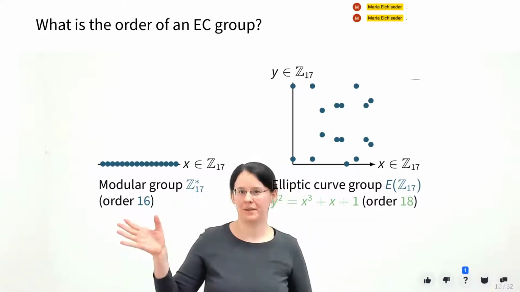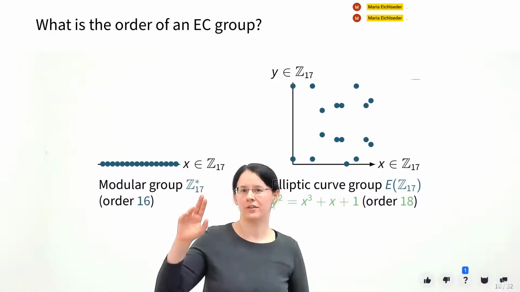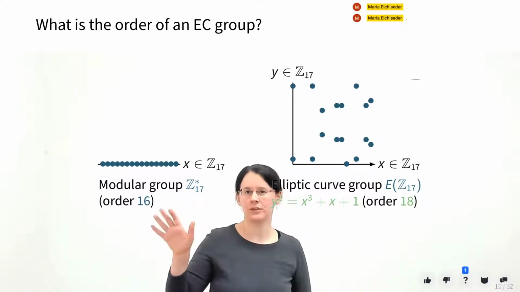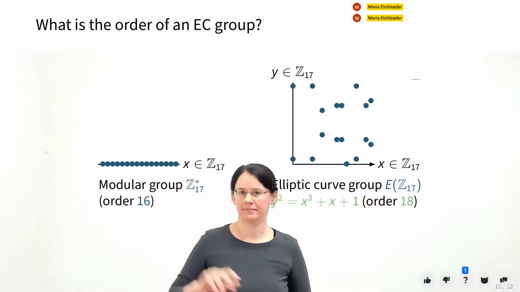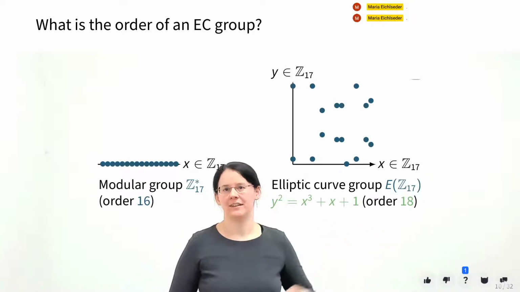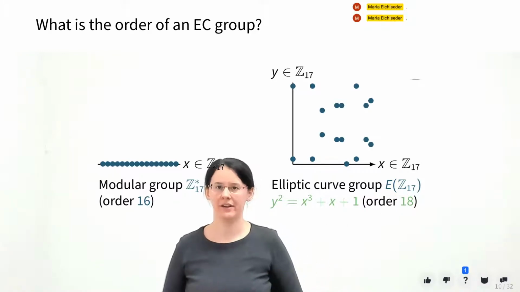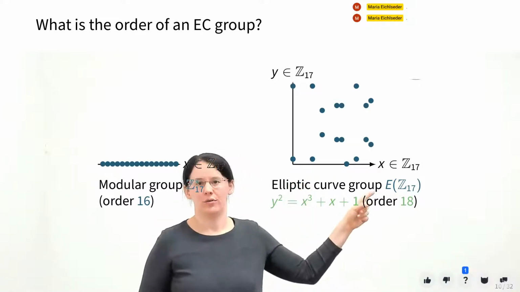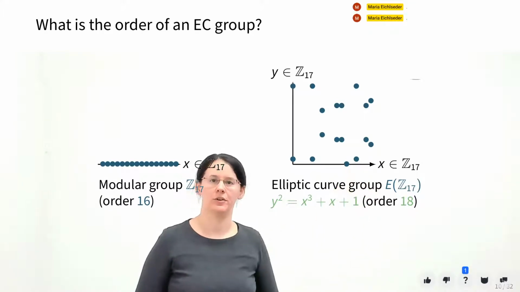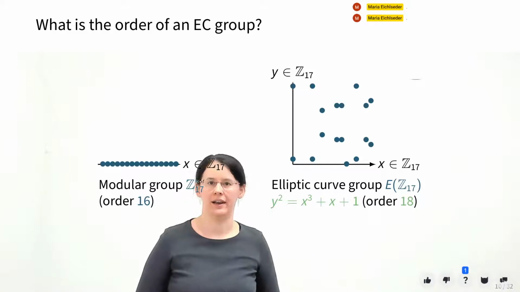The modular group, some people also call it the finite field group, which is a bit confusing, I think, which is computing modulo a prime number and taking the multiplicative group, which has order prime number minus 1, or this two-dimensional case where the exact order is a bit different and cannot always be predicted just from knowing the underlying operation. So in this example here, this is a curve over Z17, so computing modulo 17. And it turns out to have an order of 18. So exactly 18 points here, including the neutral element.